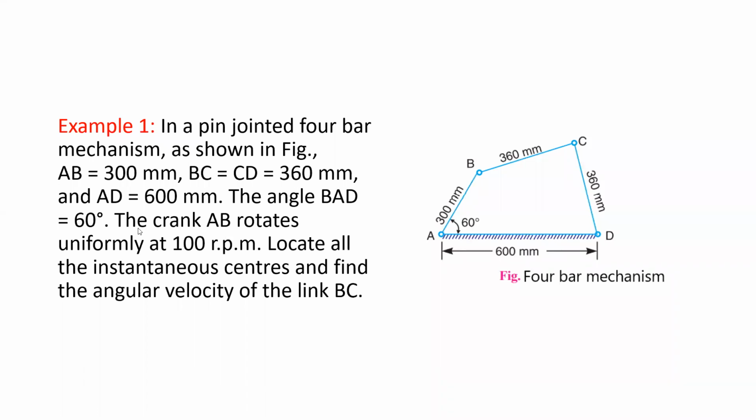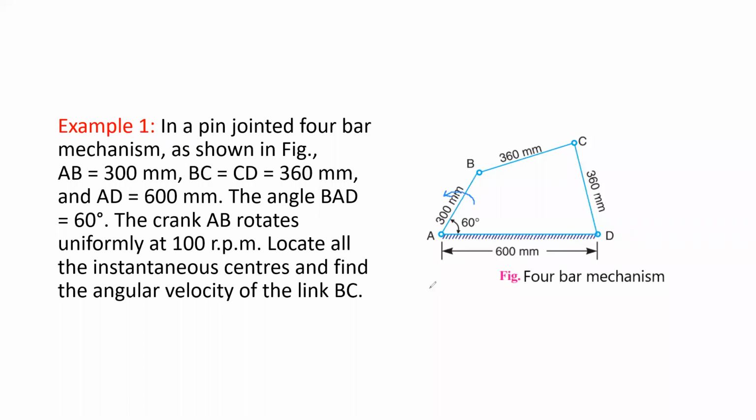Next is the crank AB is rotating uniformly at 100 RPM. So this crank AB, say it is rotating like this.